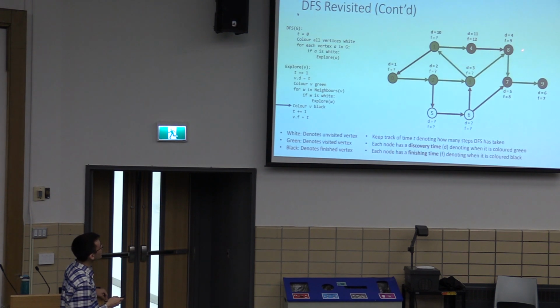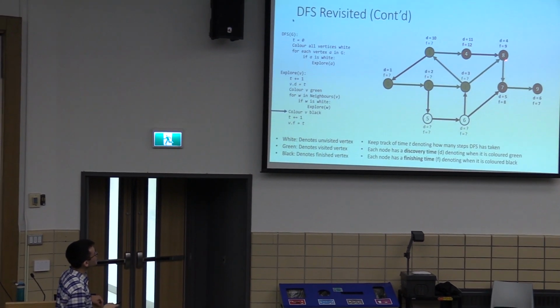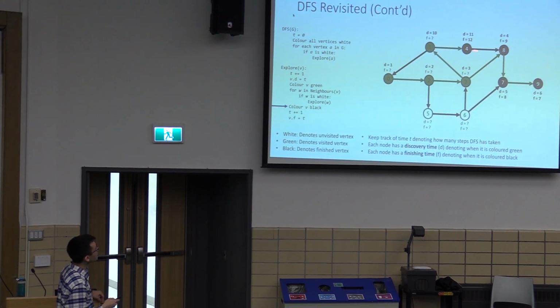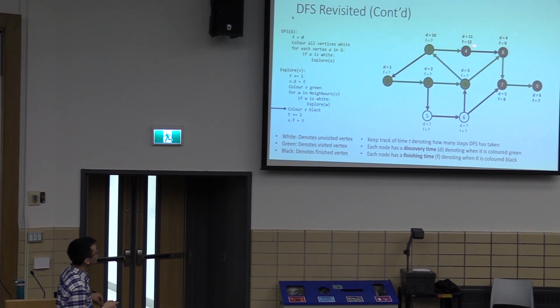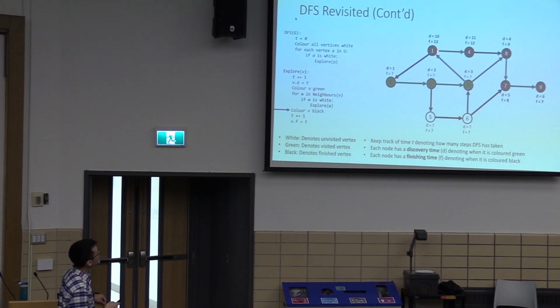Now none of the neighbors of 4 are legitimate, because they're black, not white. So we are done with this guy, and we color 4 black. Similarly, we're done with the 1, and we color it black.